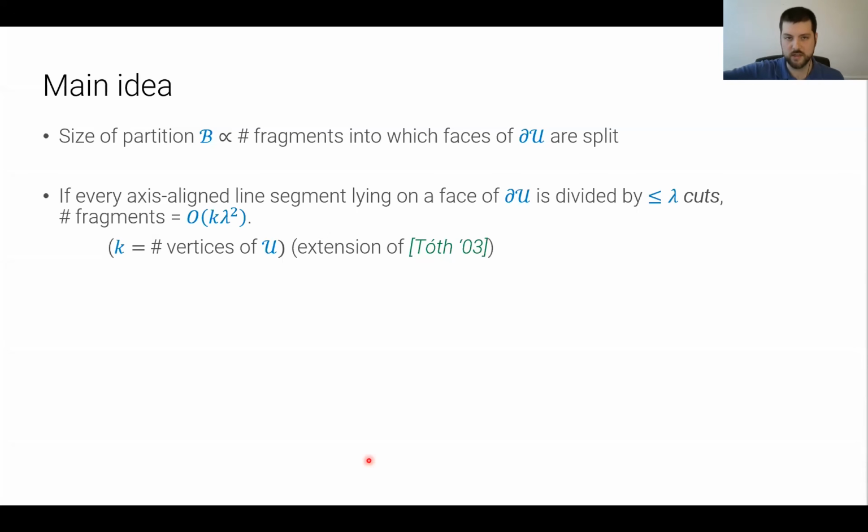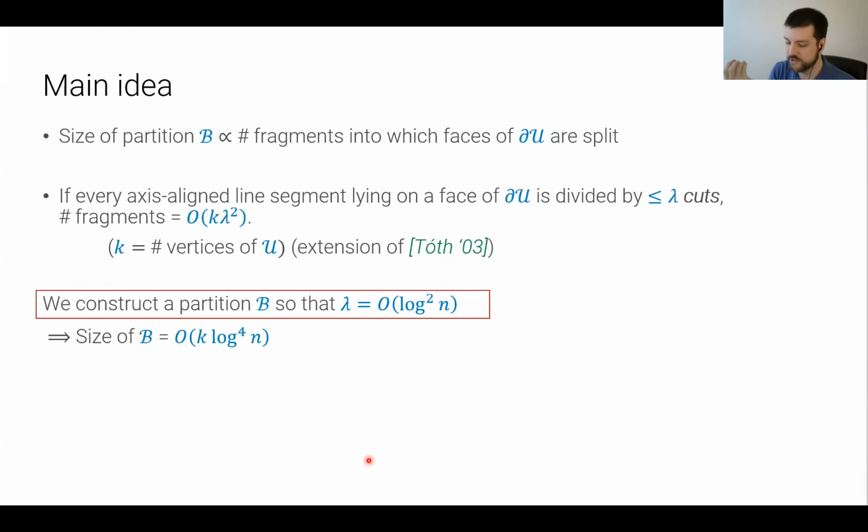From the aforementioned fact above, this bounds the size of a resulting partition. And our main contribution is describing our partition in a way so that lambda is bounded by log squared n. The resulting size of our partition is hence k log to the 4 n.